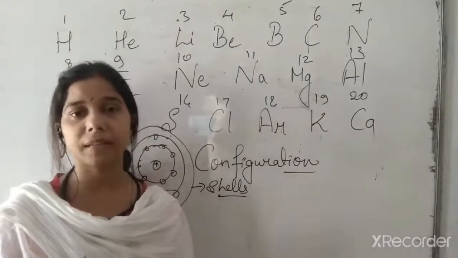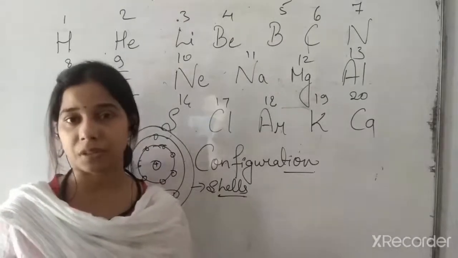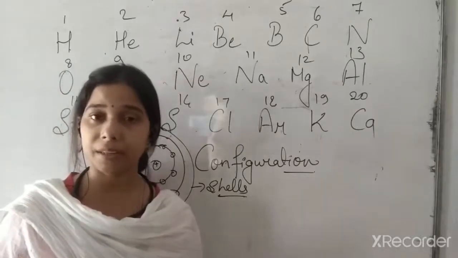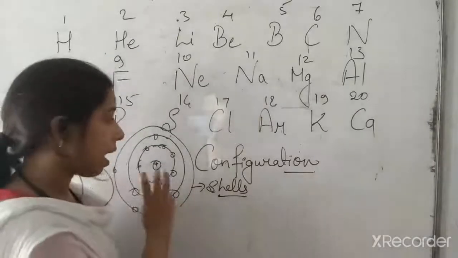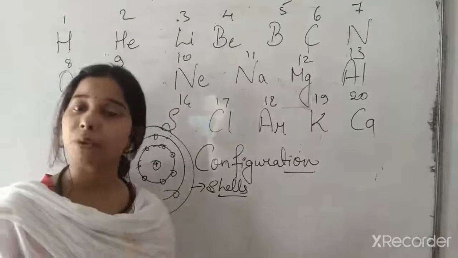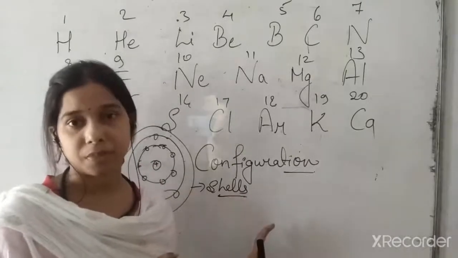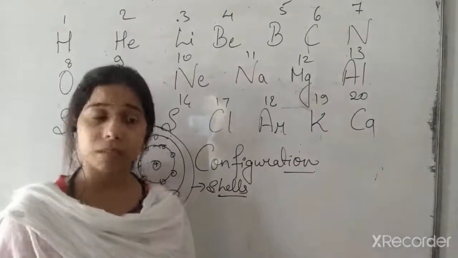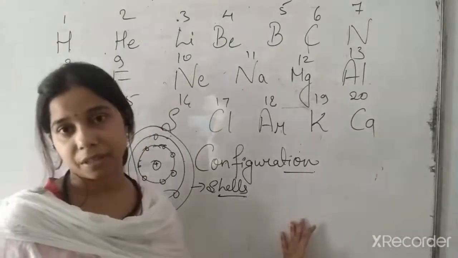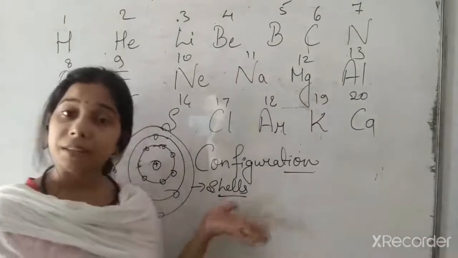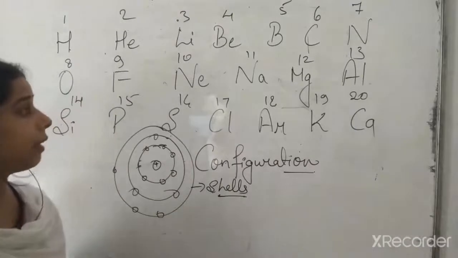Now, these electrons present in the shells are properly arranged. It is not that they are randomly arranged. No, they are properly arranged. It means every shell has a decided number of electrons that will be present there. Why am I discussing this? Because this will explain the configuration.